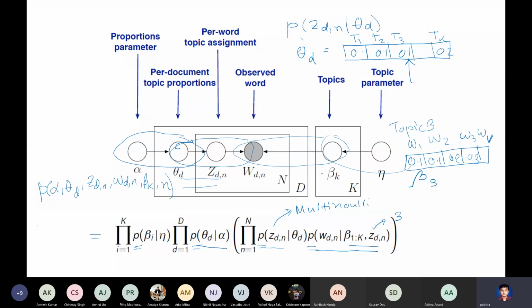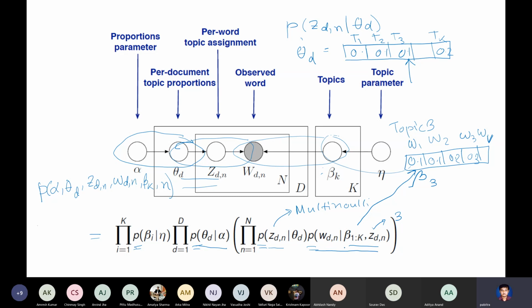Remember this beta. This is the word distribution for the third topic. What is the third topic? It is the third topic because Zdn was 3. So given Zdn equal to 3, beta 1 to k is this.